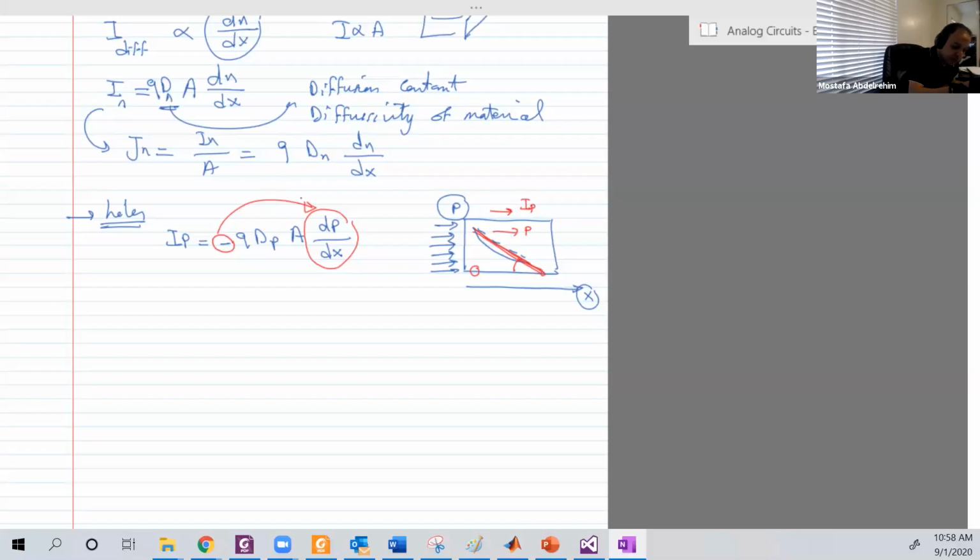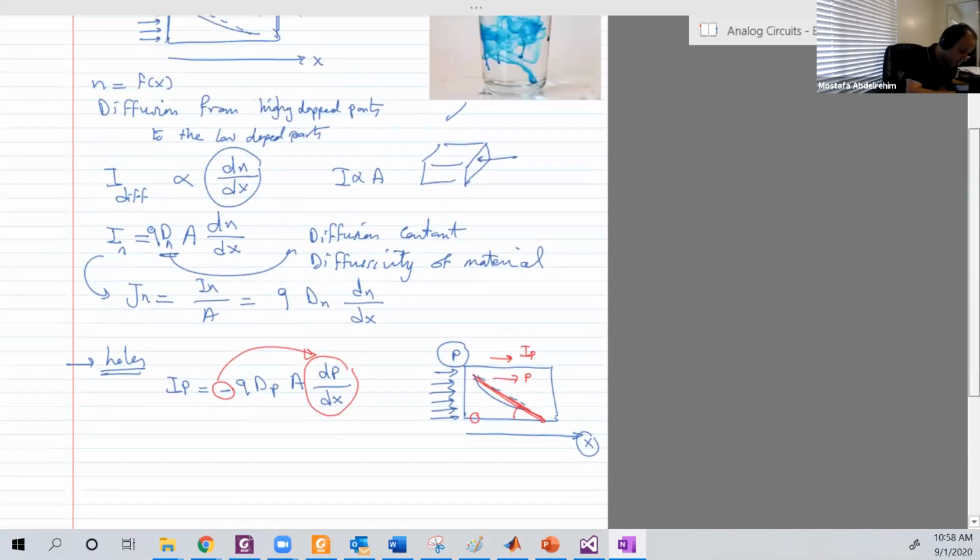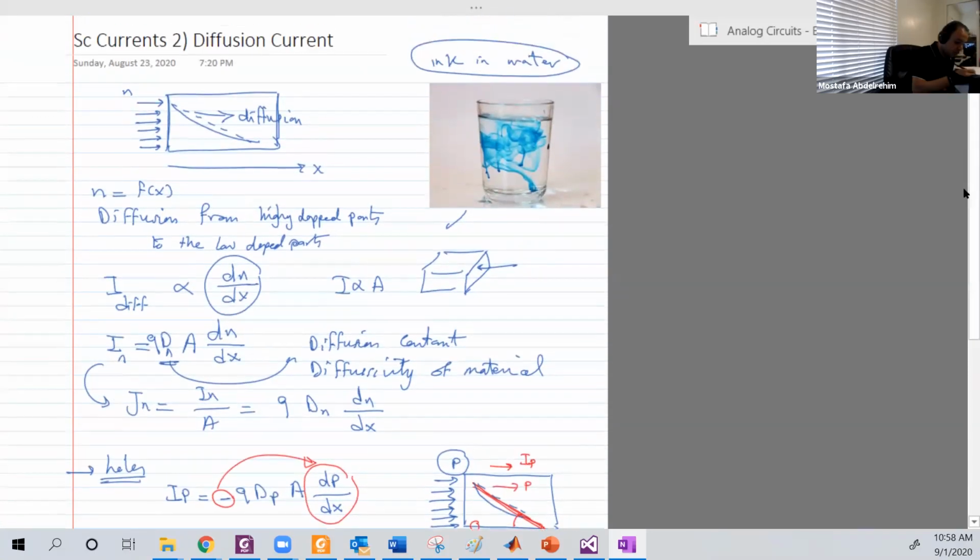So let's do the same for our electrons. Here there are more electrons than here, so the electrons will move in that direction. And the current is opposite, right? But we know that dN by dx will be negative if we, for example, assume again a linear relation like this, the slope will be negative.